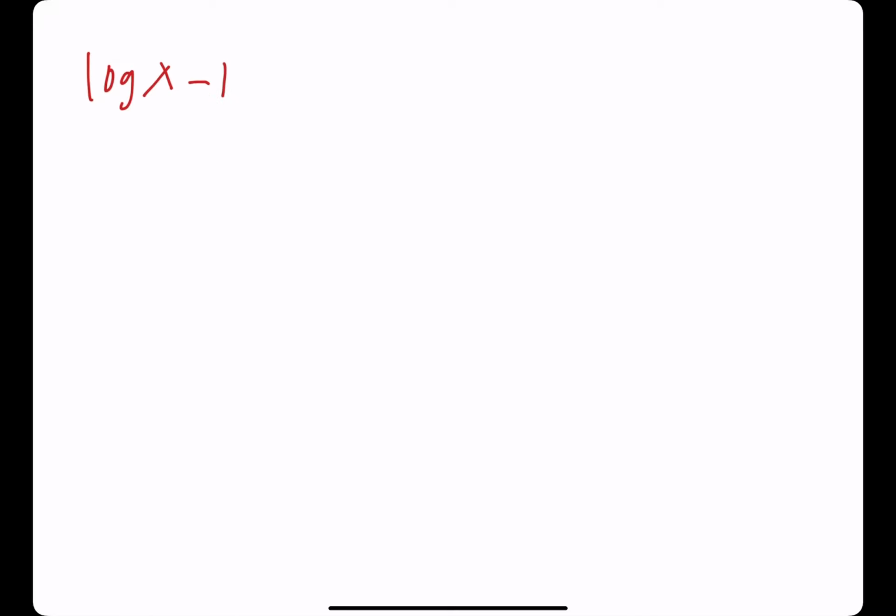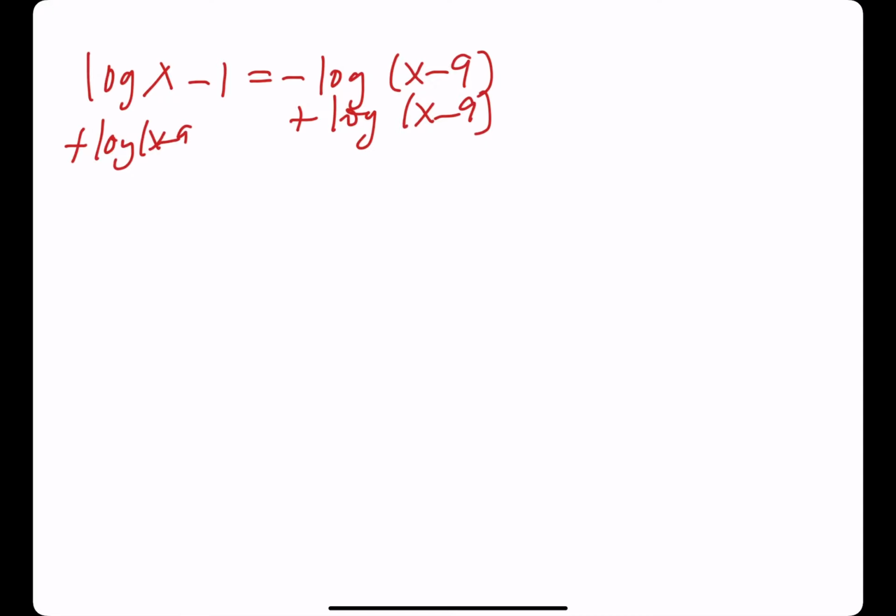Let's try that one more time. So we can do log x minus 1 is negative log of x minus 9. So I think I'm going to add my log x minus 9, so I can multiply those.